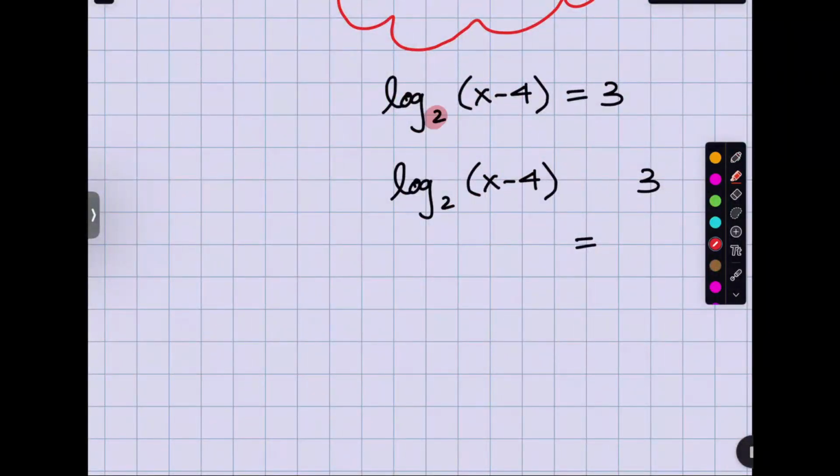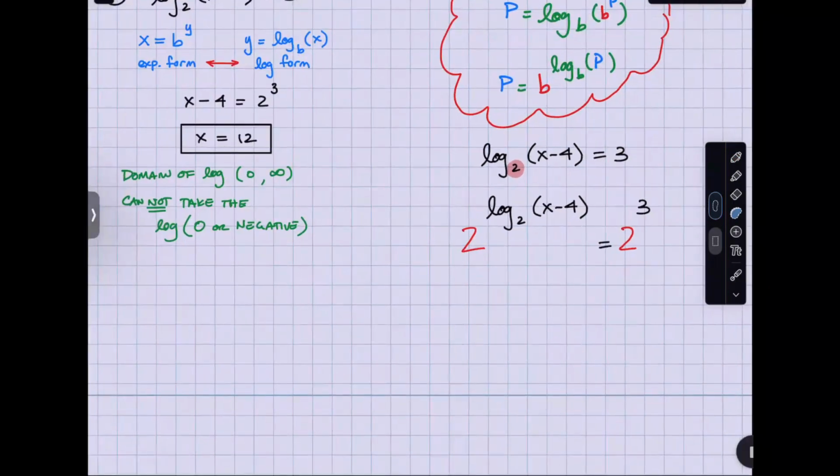because the base is a 2. Then I take 2, raise it to the power, and I will have left that as well.